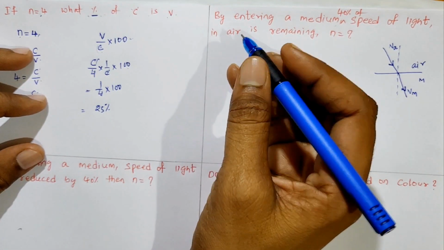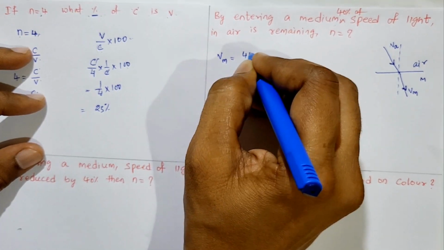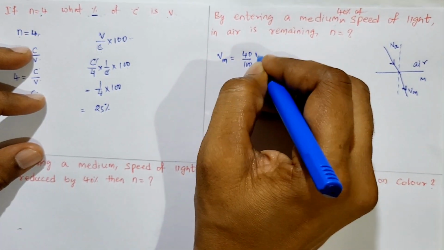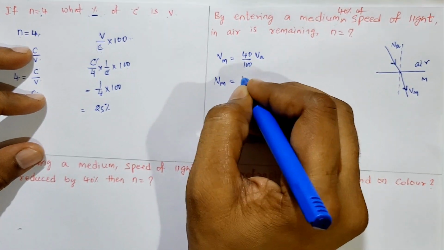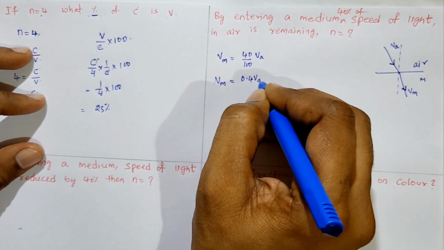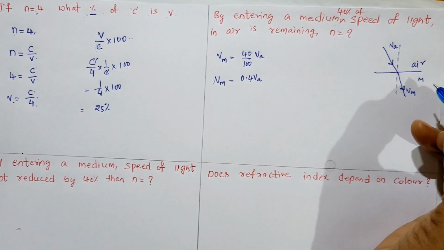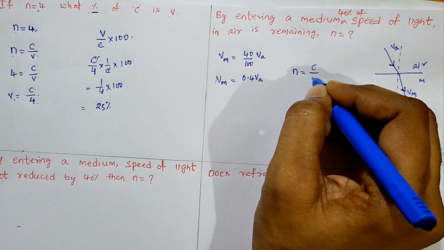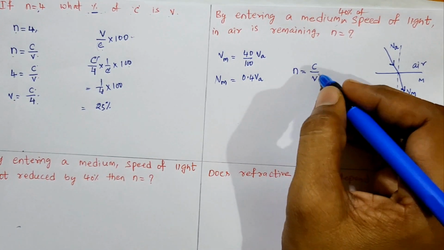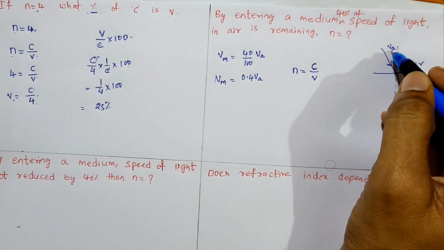See, Vm is equal to 40% of VA. So Vm is equal to 0.4 VA. Now we have to find the refractive index of this medium. What is the refractive index formula? N is equal to C divided by V. What is C? C is the speed of light in air, that is VA.